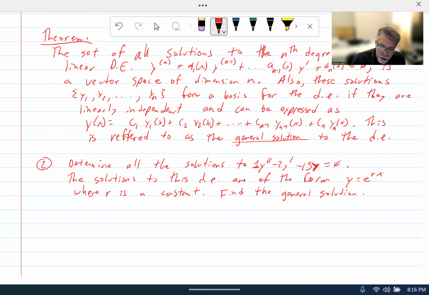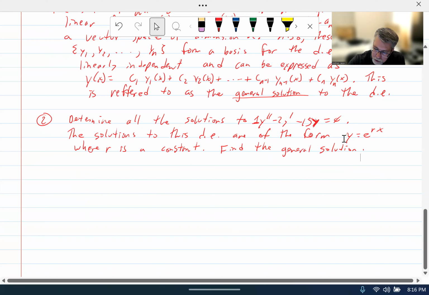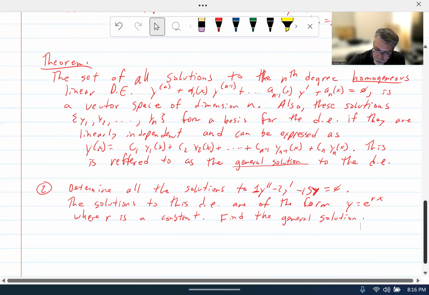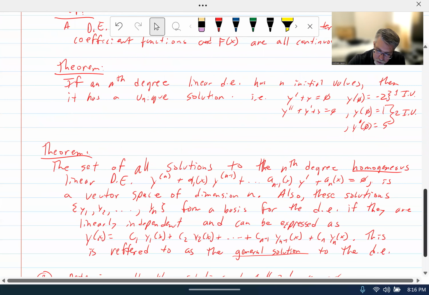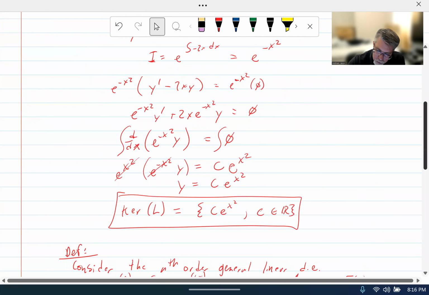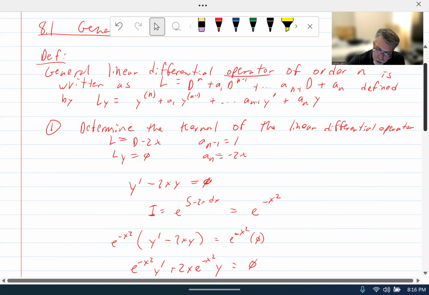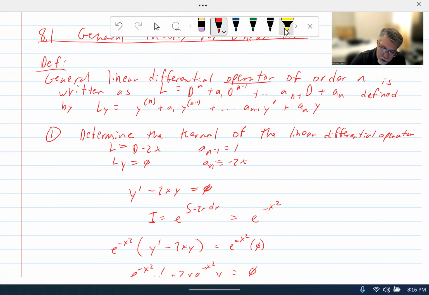So the idea is that we're going to take D, to go back to the definition of what D is. Let's go way back. I'm going to highlight this.